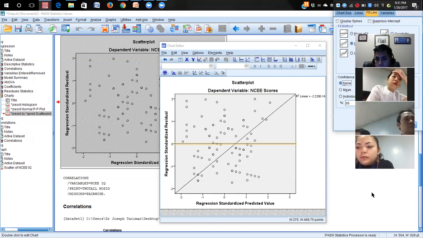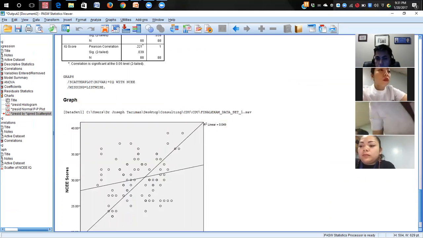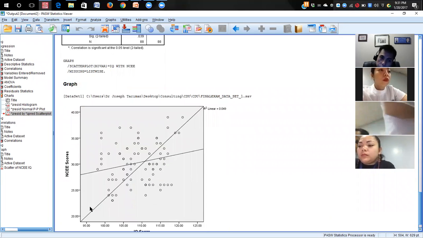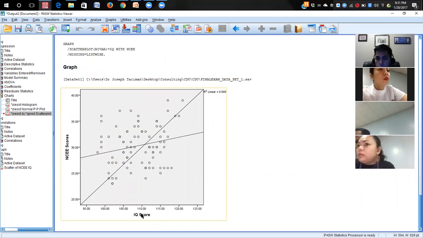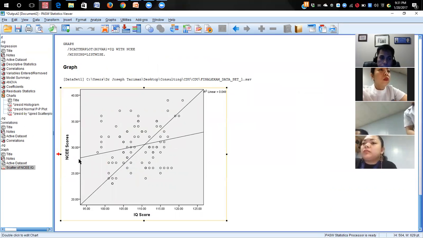Very different than what I have done here. When you have a scatter plot of your NCEE score and your IQ score, you get this. This is the intercept, which is the constant.